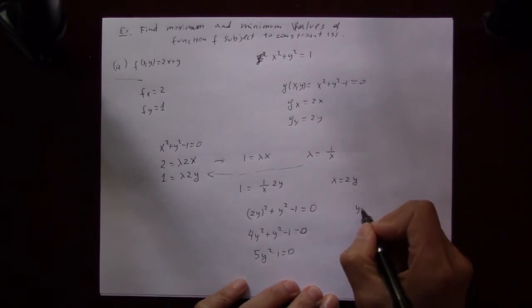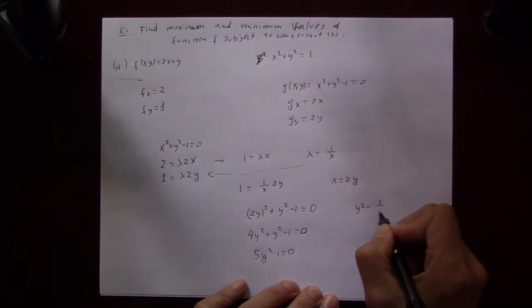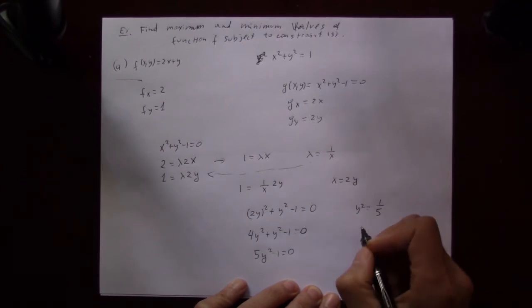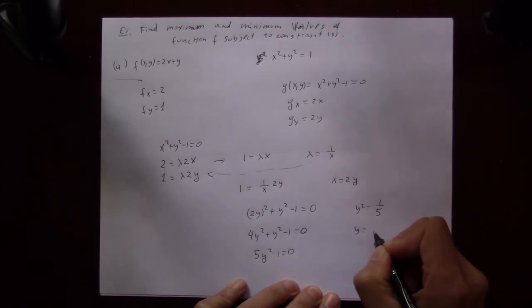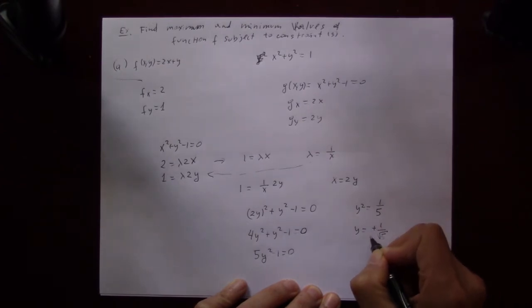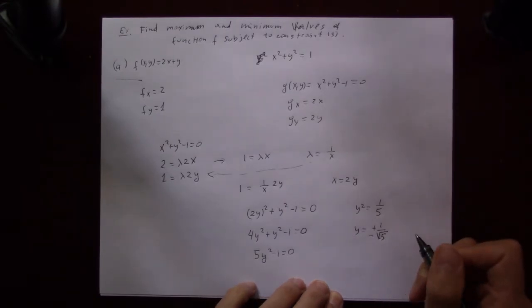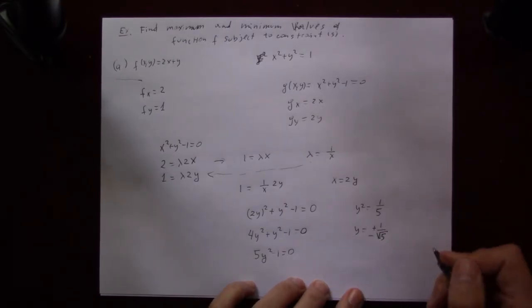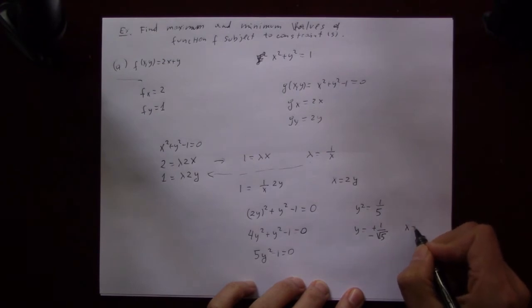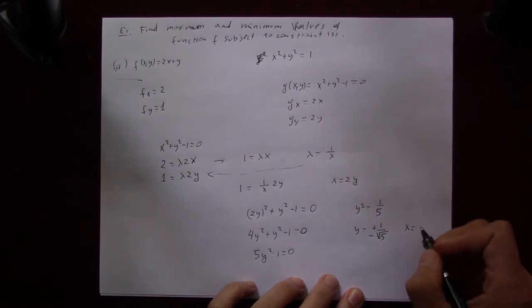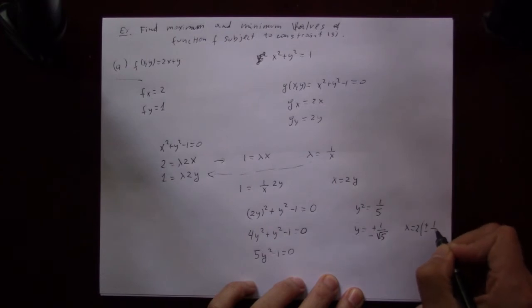So y squared equals 1 over 5. So we get y equals plus or minus square root of 1 over 5. And x equals 2y, so x is going to be equal to 2 times plus or minus 1 over square root of 5.